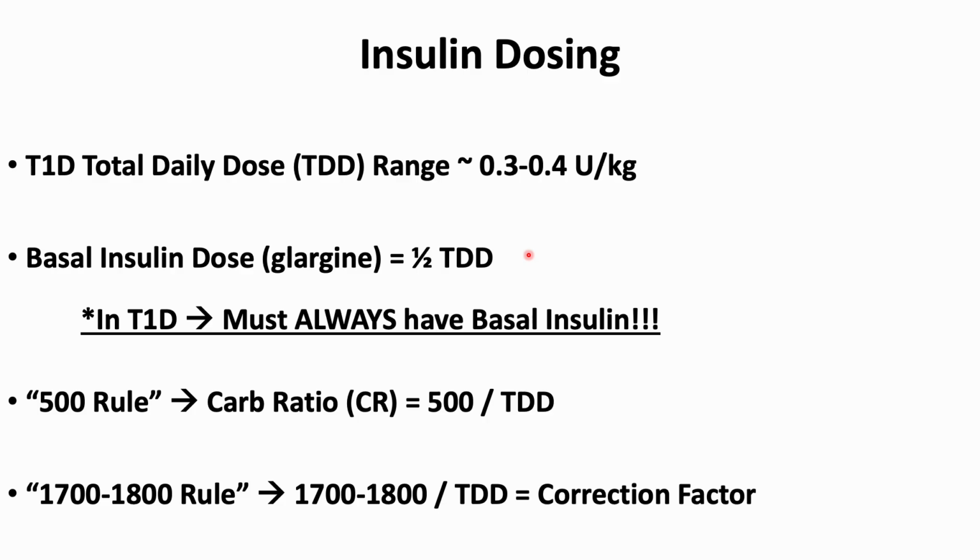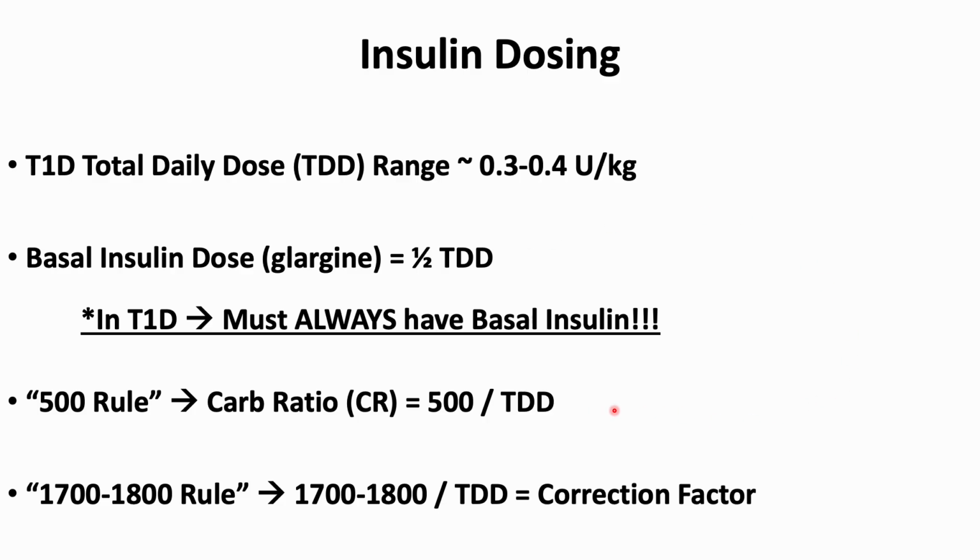A lot of times it is us doing it to them, okay? So please, please, please don't forget this. Anyone with type 1 diabetes must always have basal insulin, regardless of whether they're NPO for a surgery the next day or whatever is going on. They have to have some amount of background insulin to maintain their sugar levels and prevent ketosis, where they go on to develop DKA, okay?